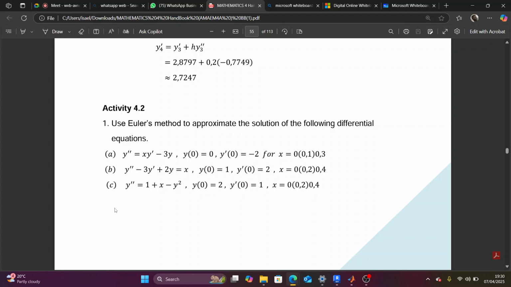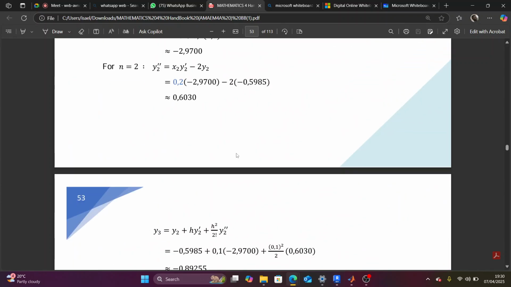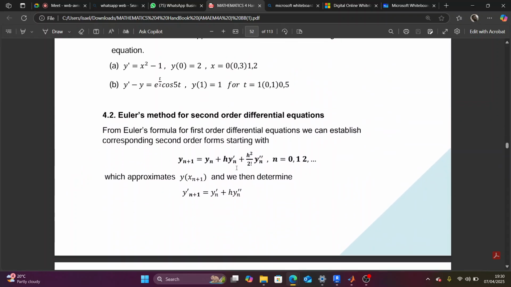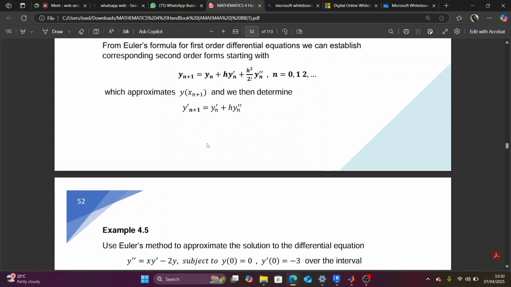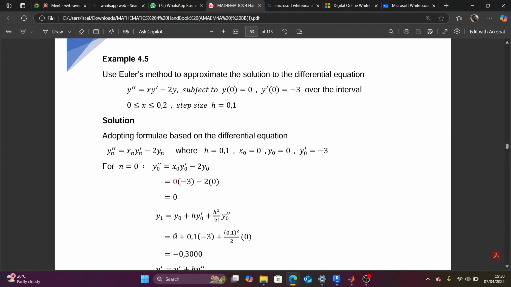Always. Now, what do we do, Mr. Trinity? Let's get back to our example. Pick the formula and apply the formula. That is all it is about. Now, y second at n equals 0. y second this.